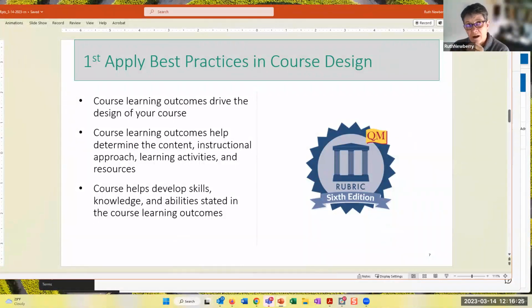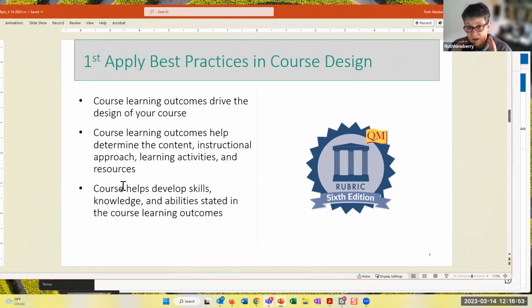So Quality Matters is a good way of understanding when we tend to maybe put in some extraneous stuff that could be fun, but the question is, is it really supporting the students' learning? Or we have assignments in there that we want to add, we have to ask ourselves, is it really supporting student attainment of those learning outcomes?